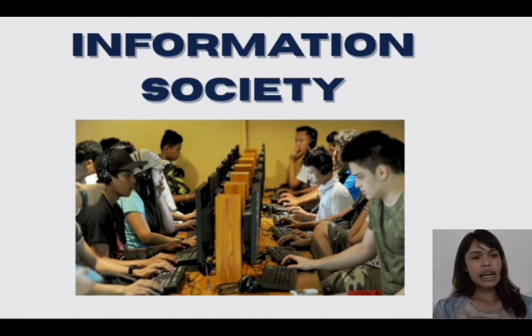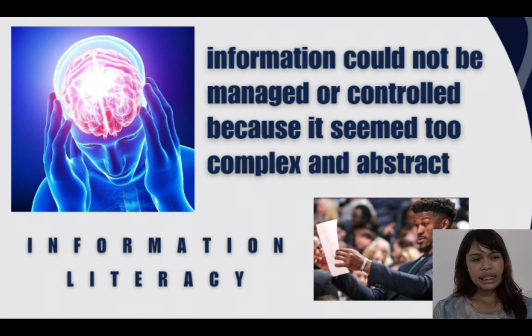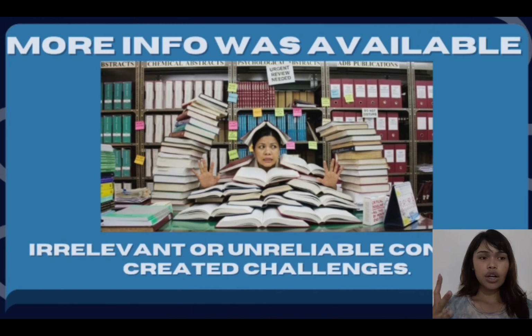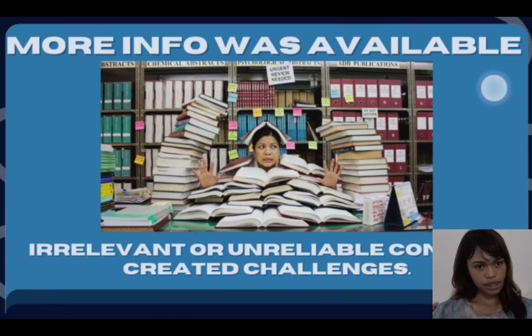So at first, many people believed that information cannot be managed or controlled because it seemed too complex and abstract. Because of this belief, the idea of information literacy spread slowly. The more information was available, the more irrelevant or unreliable content created challenges.